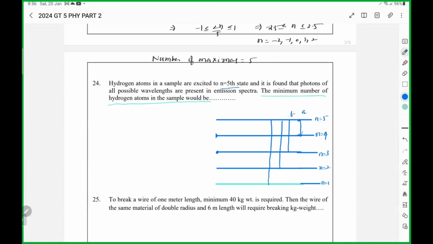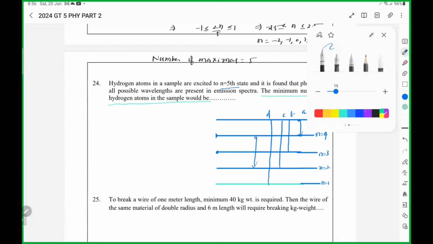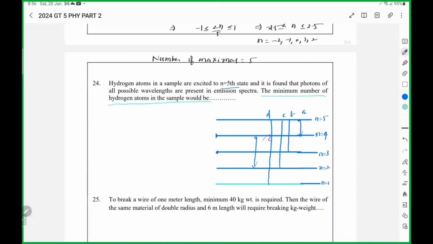Let us denote these spectral lines. So another possibility is from fourth state to third state, fourth to second, and fourth to one.